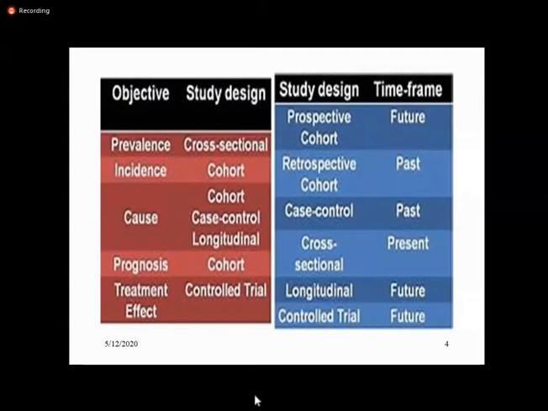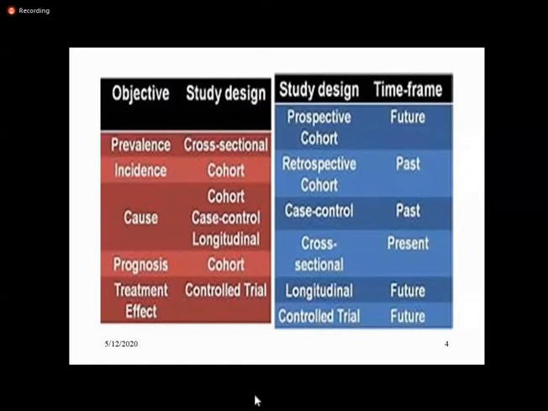When you have limited persons and you want to do observational studies, the case control study is a good one. We will discuss later in which situations the case control study is suitable. Then, if you want to see the current situation of a population regarding prevalence or the different types of burden of disease in a community, the cross-sectional study is suitable.